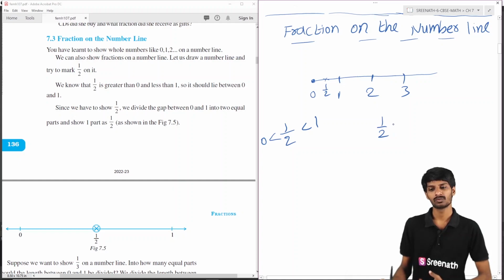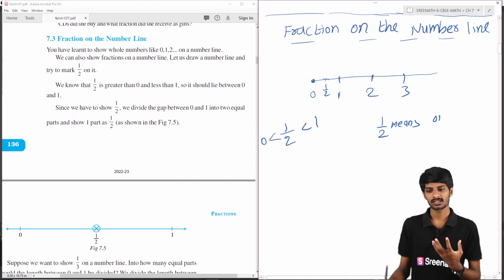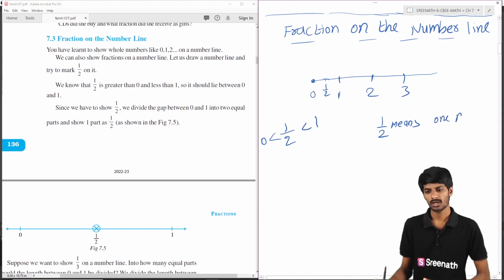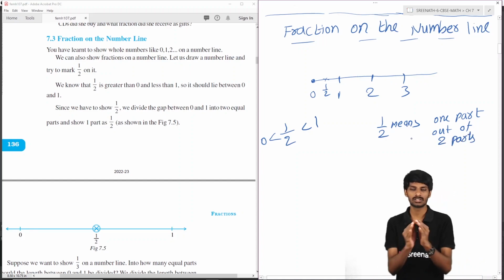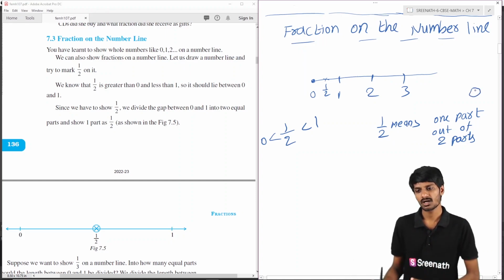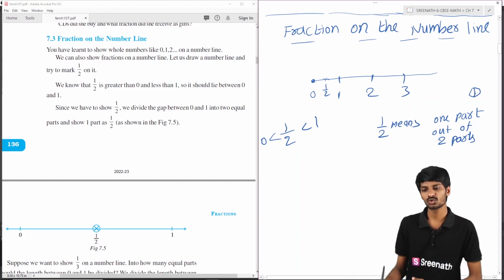It means one part out of two parts. So the whole is made into two parts. Suppose this whole thing is made into two parts and the parts are equal, and out of the two parts we have taken one part.